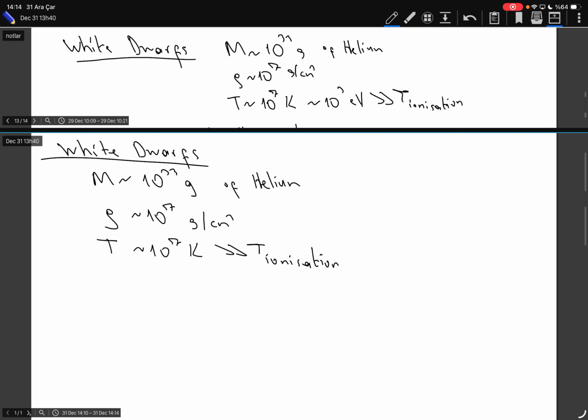So for each helium atom, you have 2 electrons. If you know the mass, the helium nucleus has a mass of 4 times the mass of the proton. For each helium, you have 2 free electrons. This is the number of atoms, and the number of electrons you have.